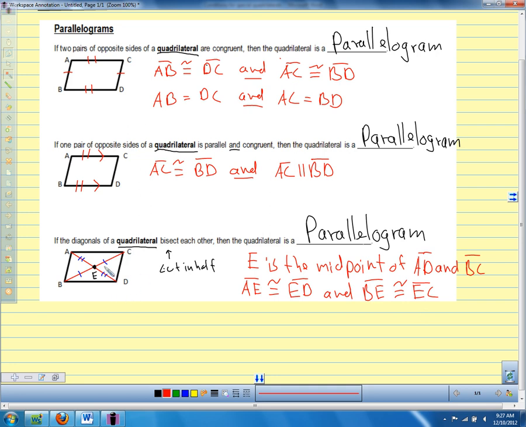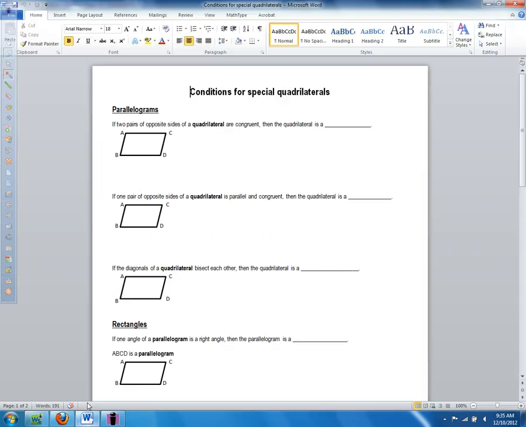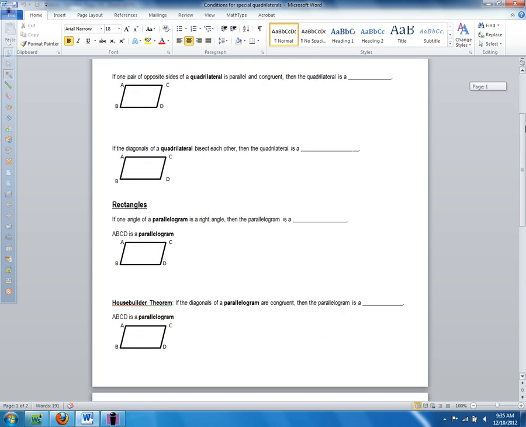The diagonals bisect each other, that guarantees us that we have a parallelogram. Questions on that one? So on these first three, we're starting with a quadrilateral. That's all we know, and then these other things will guarantee us that that quadrilateral is a parallelogram. All right, let's look at the next ones. The next ones have to do with rectangles.